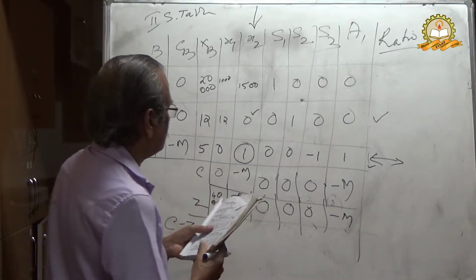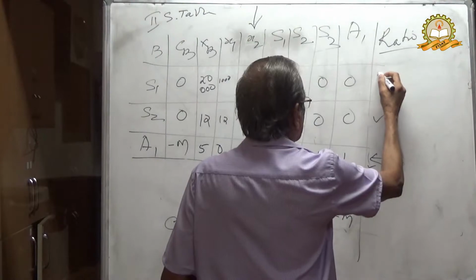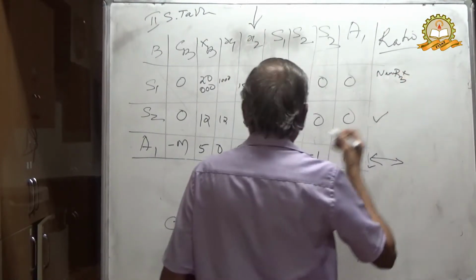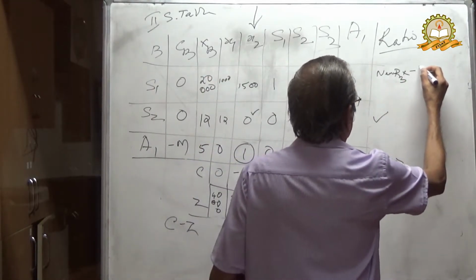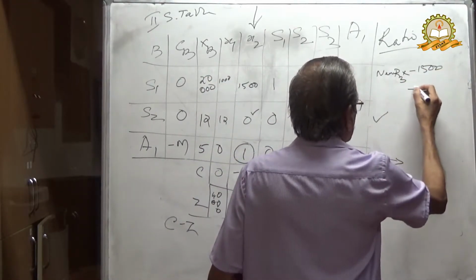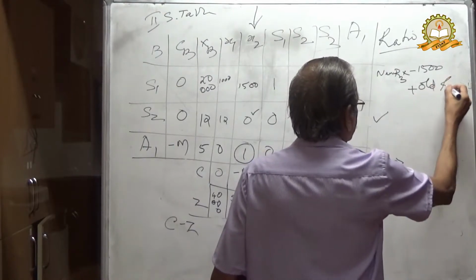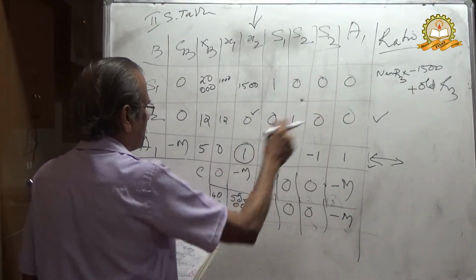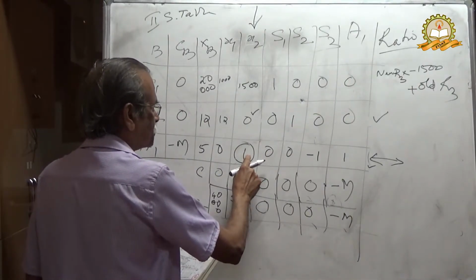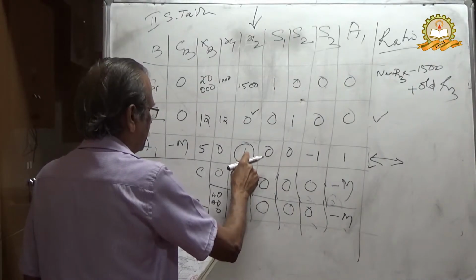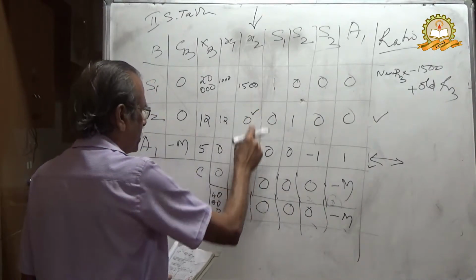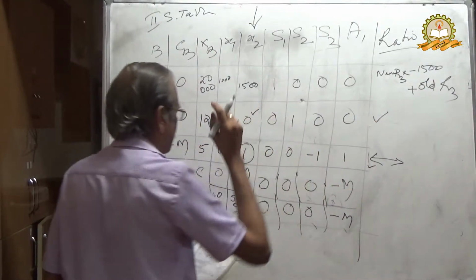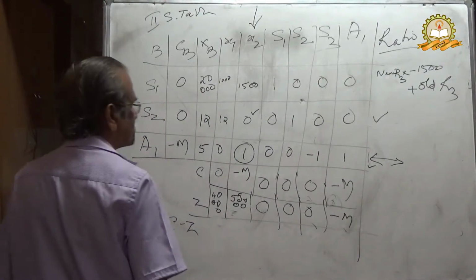Therefore, I write new R3 into minus 1500 plus old R3. Based on this value, make this 0. For that, in the new R3 row, here it is 1, here it is 1500. Therefore, I multiply by negative 1500 and old R3 is added.